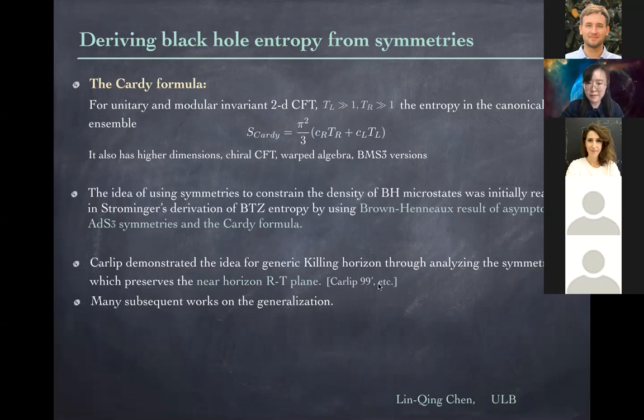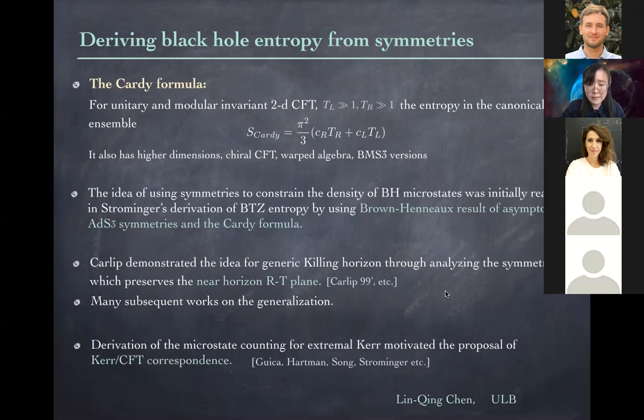This work was done a long time ago, but there are some issues with it: they only get one copy of the Virasoro, and there are also some questions about the periodicity conditions. There are many subsequent works on generalizations, and the derivation of microstate counting for extremal Kerr motivates the proposal for the Kerr/CFT correspondence.